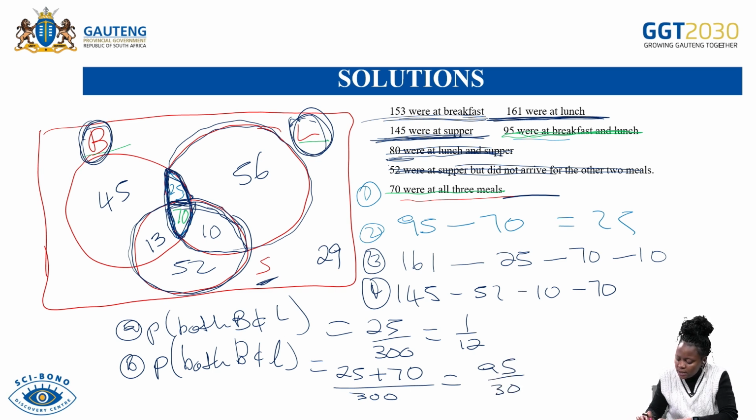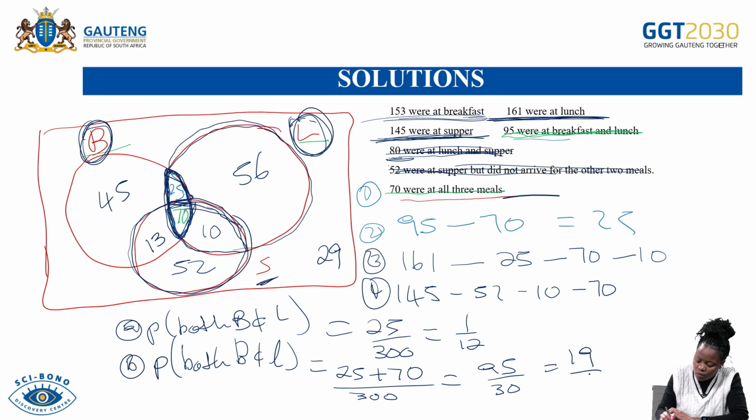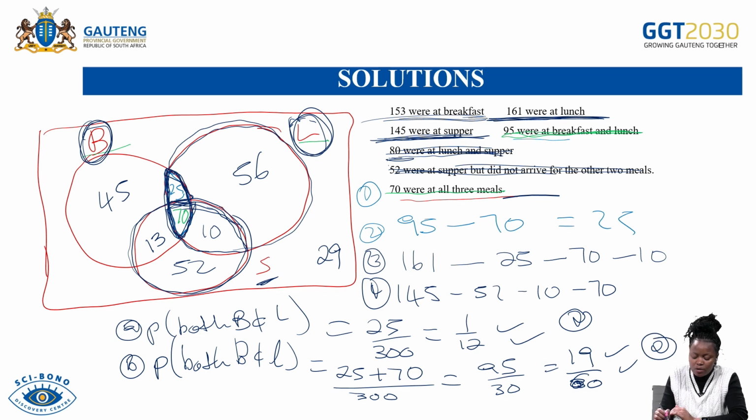Then if you write it nicely as a fraction, you'll get 19 all over 60. Then you get your full marks. So the difference between the first one and the second one is that in the first one there's an exception. They said they should have been at both the breakfast and the lunch, but not the supper. So that's why we excluded the 70.